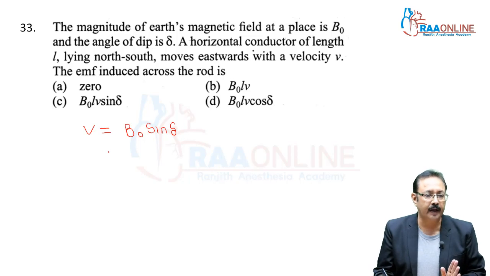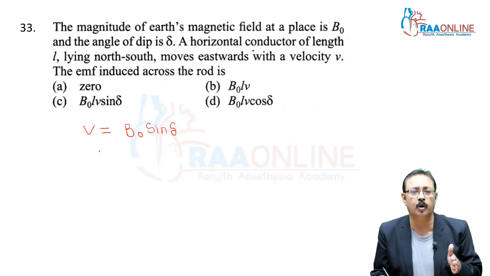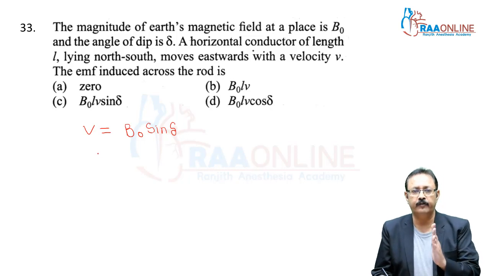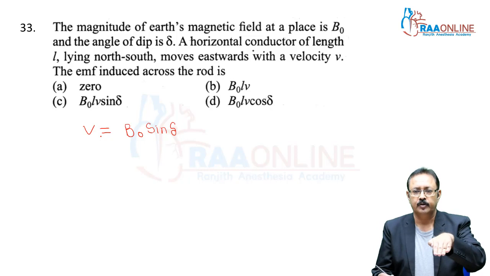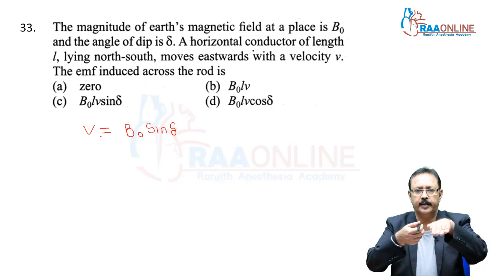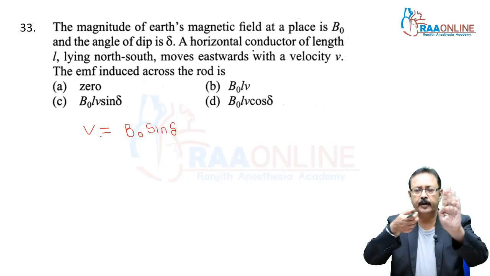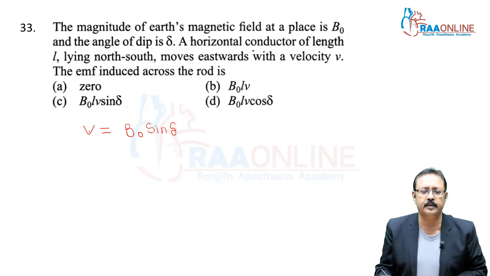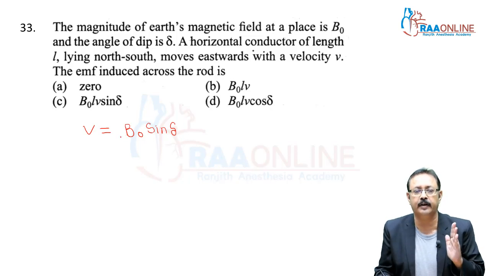I taught you in magnetism that there are two components of Earth's magnetic field. One is in the vertical direction, one is in the north-south direction. So your conductor is lying in the north-south direction. So it will cut perpendicularly to the vertical component, the magnetic field whose lines of force it will cut.